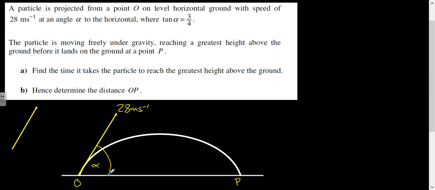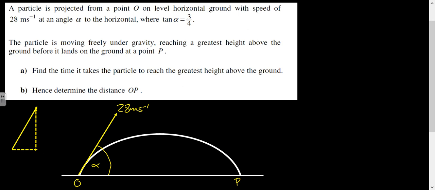So when our plane is the horizontal ground, we need to know what the horizontal component of this 28 meters per second is. Purely horizontal. We also need to know what the purely vertical component is. That's what we always have to do: work out these two horizontal and vertical components.